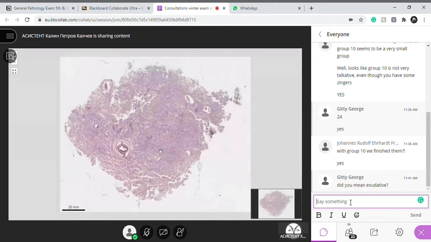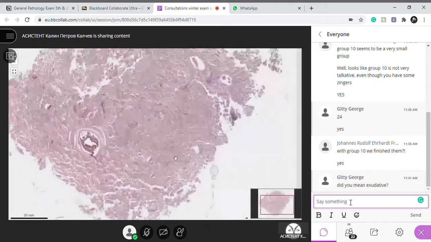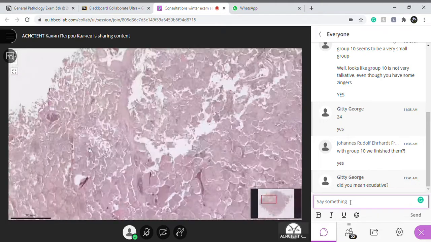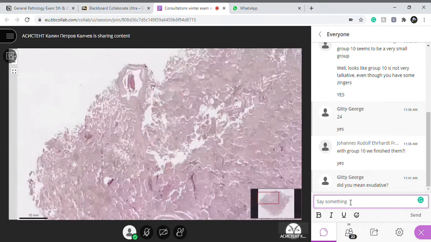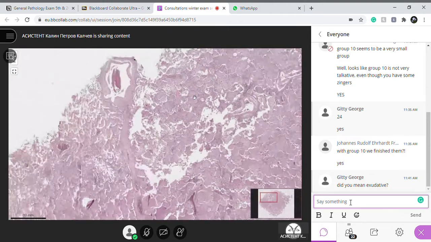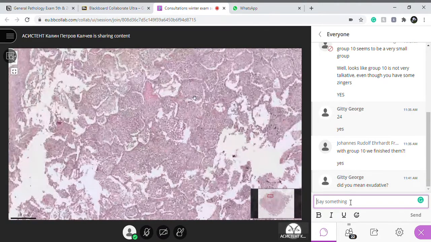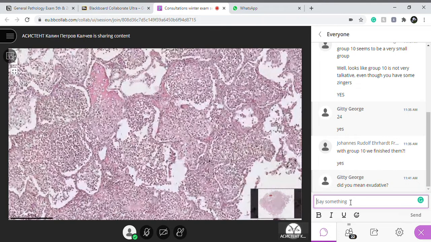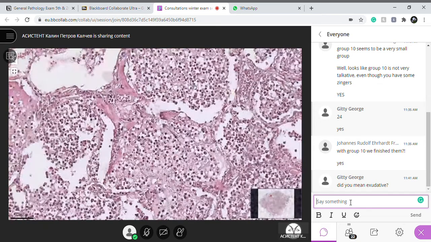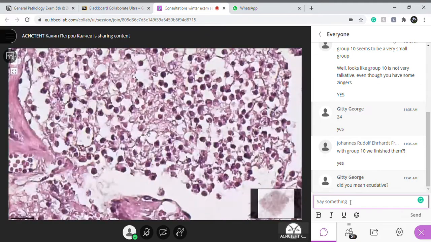Okay, here again, you first have to recognize that this is a lung, and you can clearly see this alveolar structure of the organ. When you zoom in, you will see that these alveoli are also full of inflammatory cells, and these inflammatory cells here are mostly neutrophilic granulocytes.